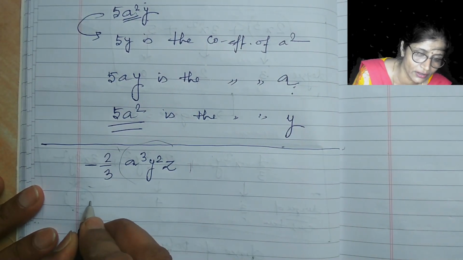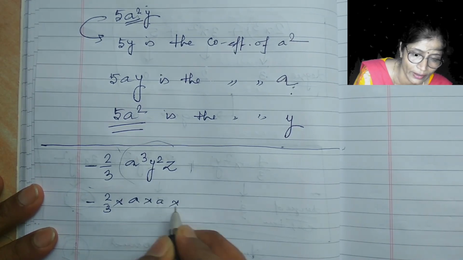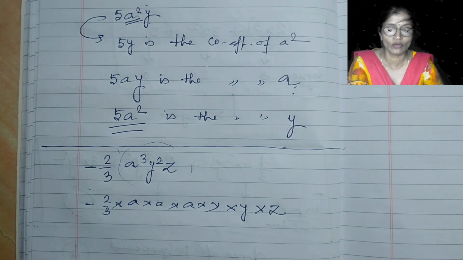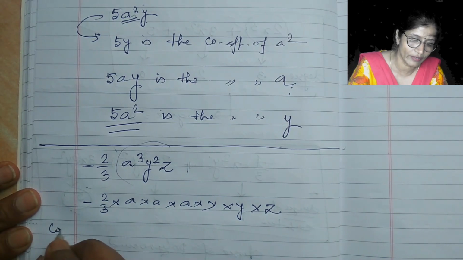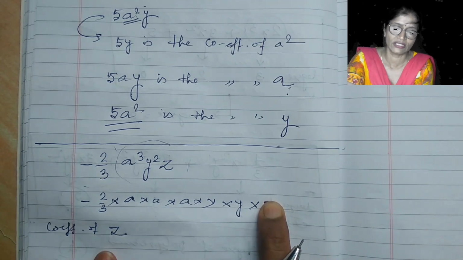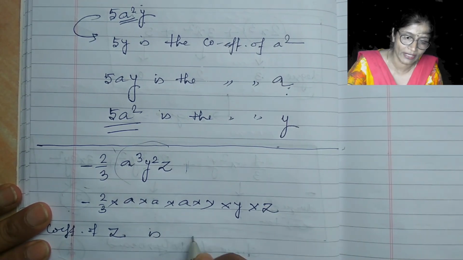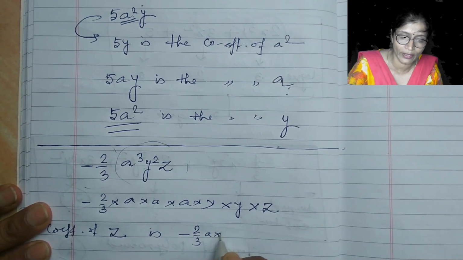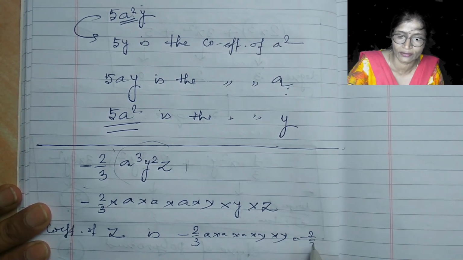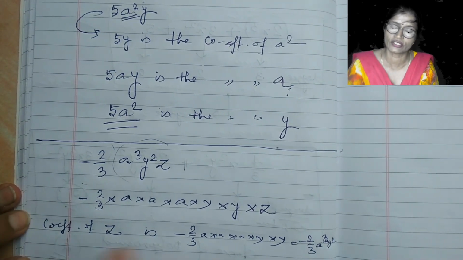All the factors of this are a into a into a into y into y into z. After leaving z, whatever is left over is minus 2 by 3 a into a into a into y into y, which is equal to minus 2 divided by 3 a cube y square. That is the coefficient of z.